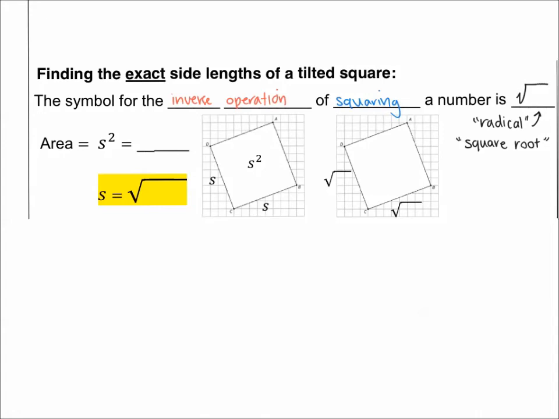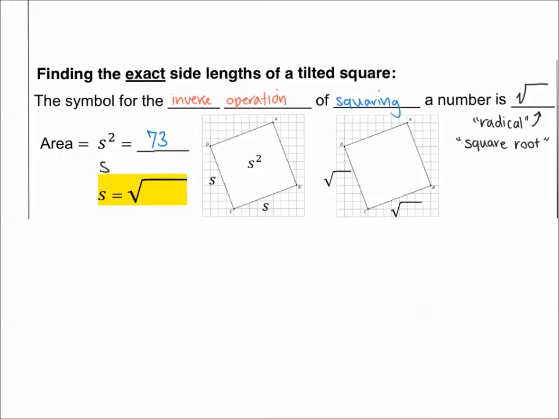So let's say our area was 73. Our area from earlier of that square was 73, and the side lengths need to be multiplied by themselves to get us that area of 73. So to figure out that side length from this formula, s squared equals 73, all we have to do is do that inverse operation of square rooting.